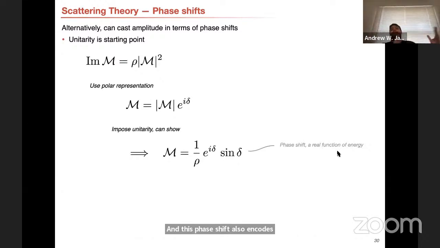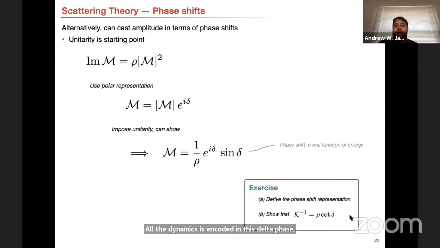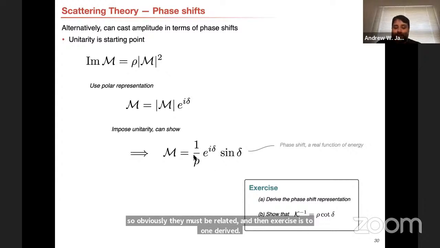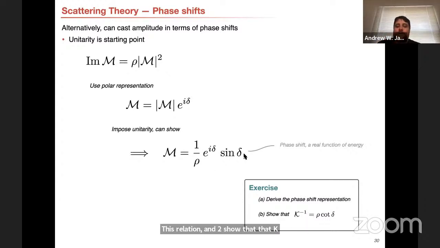So we have this K matrix representation, where all the dynamics is encoded in the K matrix, or you have this phase shift representation, where all the dynamics is encoded in this delta phase shift. So obviously they must be related, and an exercise is to, one, derive this relation, and two, show, just by simple trigonometric and exponential identities, that the inverse K matrix is equal to rho times cotangent delta.